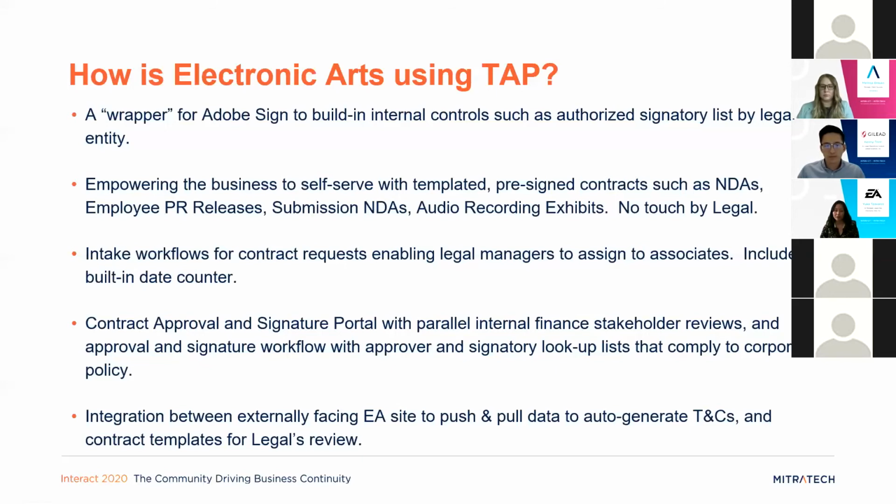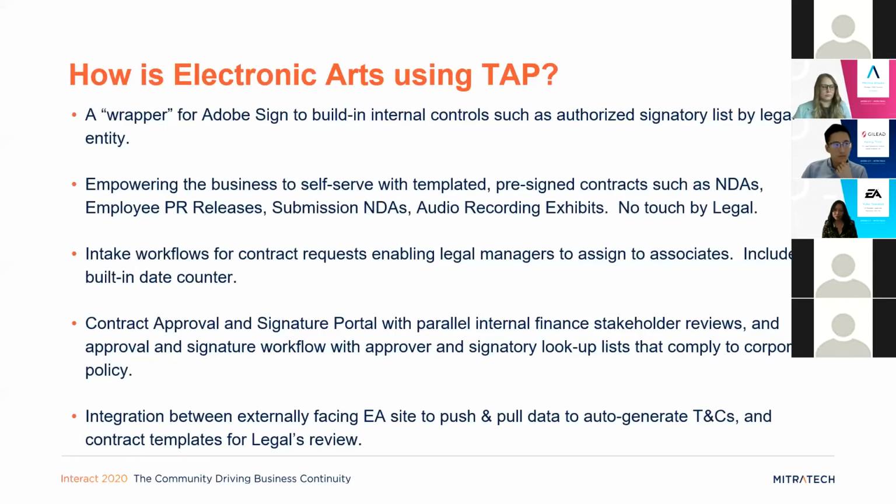Then we also built a very complicated contract approval and signature portal. It's basically after the contract request is reviewed by the legal partner, they draft the contract and it's ready to go. Then they go into this CASP workflow, upload it, and then it can trigger parallel workflows for finance stakeholder review.